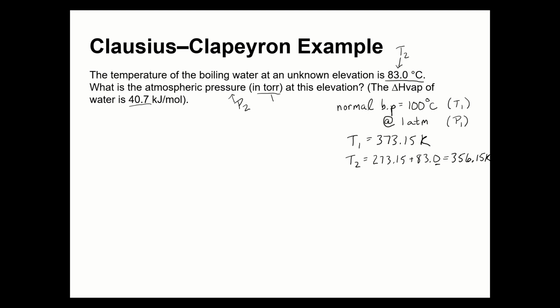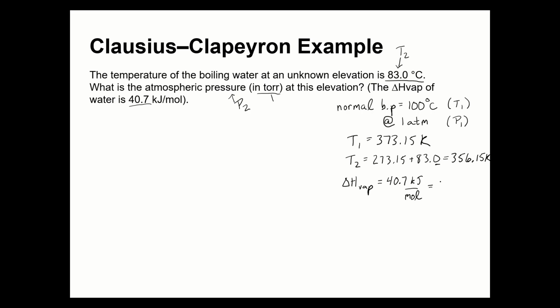Okay, we also need to deal with that enthalpy of vaporization value. Of course, we need to convert it to joules. And remember before that we multiplied by 1,000, which is 10 to the third. So you might find it easier with these enthalpy of vaporization values if we have something like 40.7 kilojoules per mole, and we know we need to multiply that by 10 to the third.